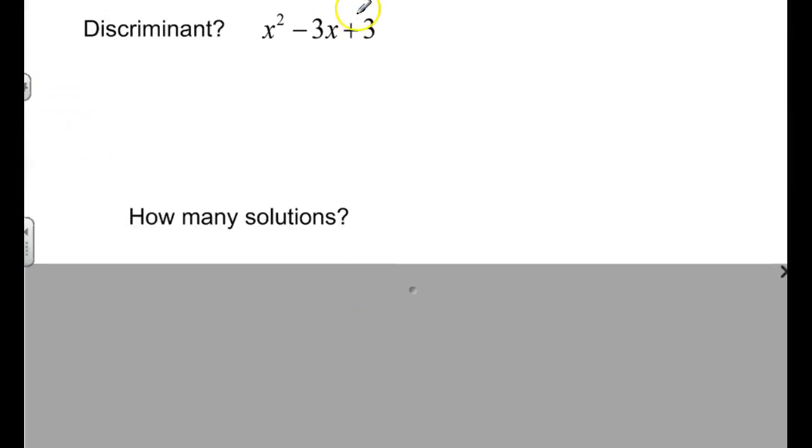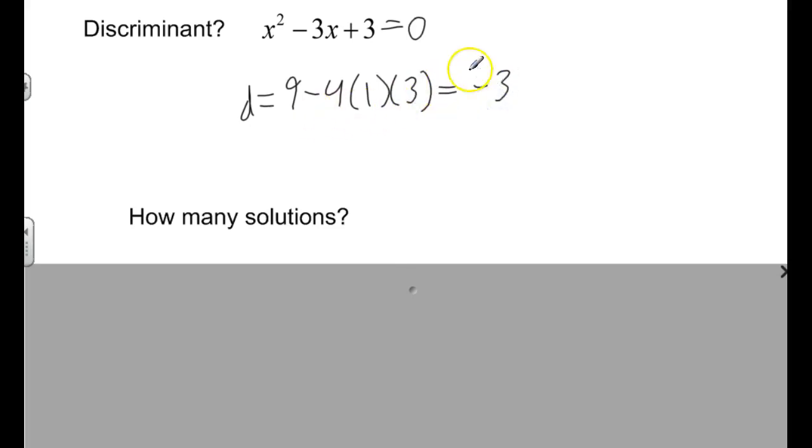So let's set this equal to 0 first of all, so we have an equation. So let's figure out the discriminant. Again, it's pretty quick. The discriminant equals b squared, which would be 9, minus 4 times a times c. 9 minus 12 is negative 3. Well, that's interesting.